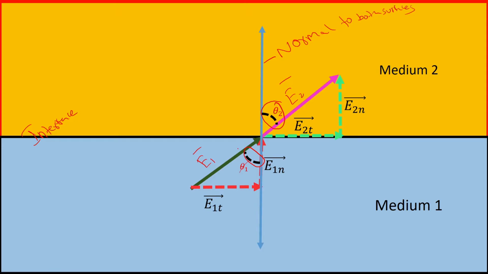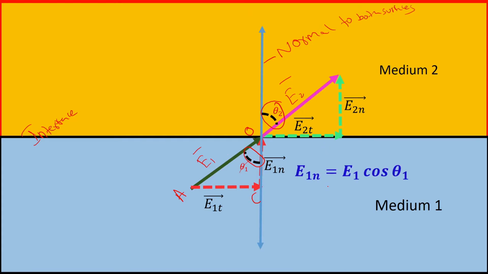The relationship between magnitudes of these components can be obtained from the right angle triangle. Let us say AOC. From AOC, I can say that cos theta is the magnitude of the normal component divided by the magnitude of the electric field intensity.